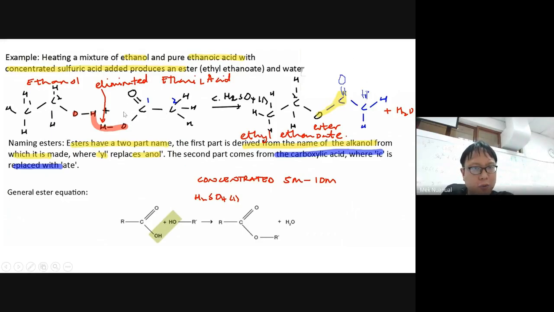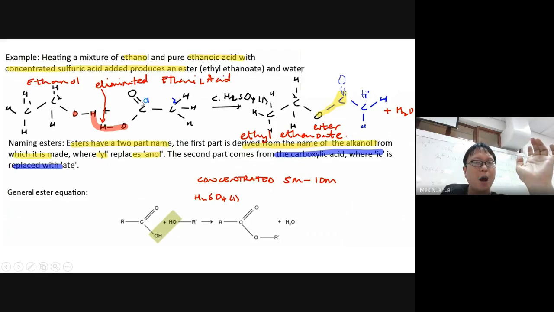When you write it this way, sometimes you don't write your carboxylic acid like that. You might usually write it with the CH3 and then C, then your double bond O and O. But for simplicity, flip it around a little bit.